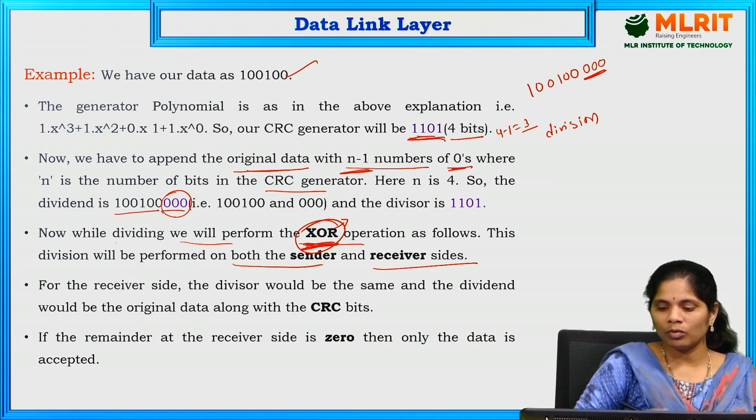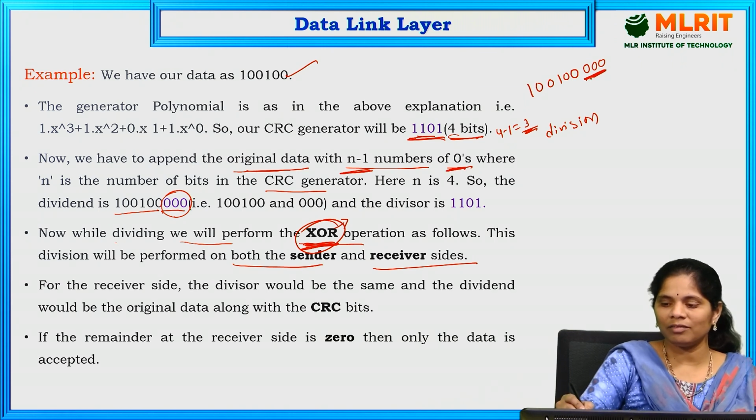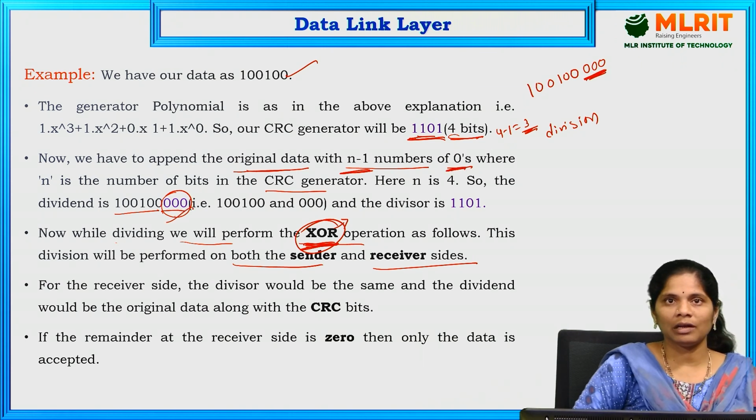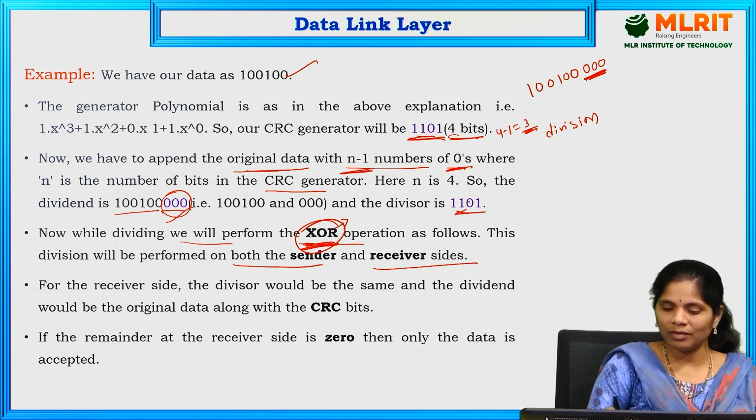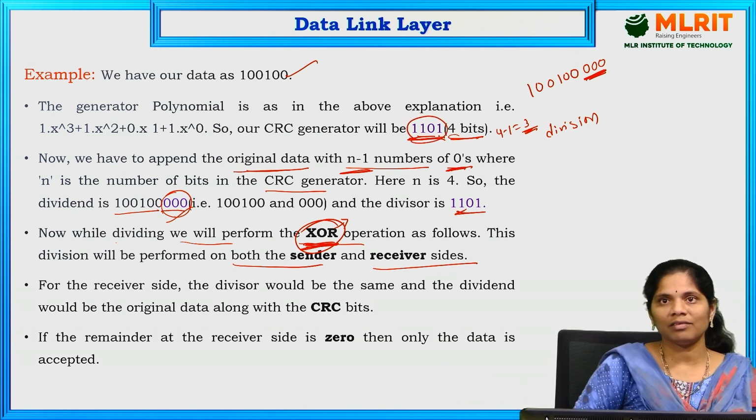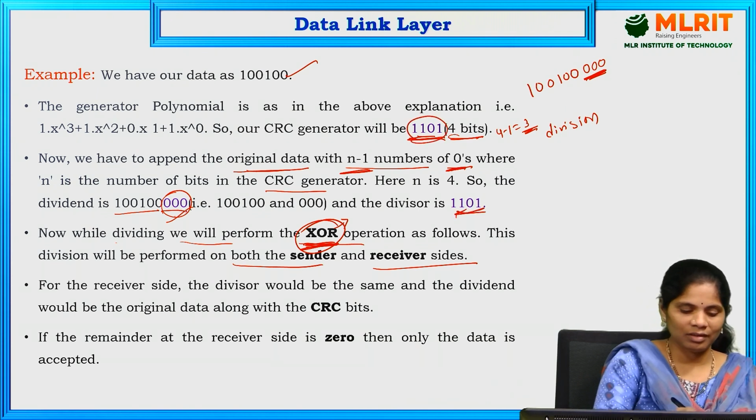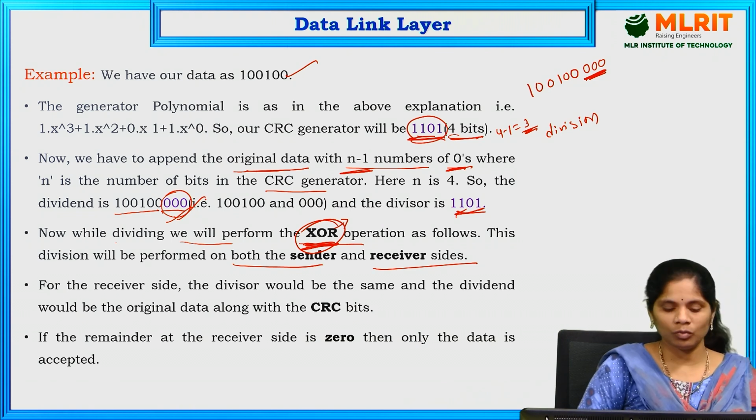The CRC generator has 4 bits in total. 4 bits means n minus 1, which is 3, so 3 bits. N minus 1 zeros we have to add, meaning we added 3 zeros to the original data. So the divisor is what? The CRC generator is the divisor. This is the dividend. We have to do the division using the XOR operation.